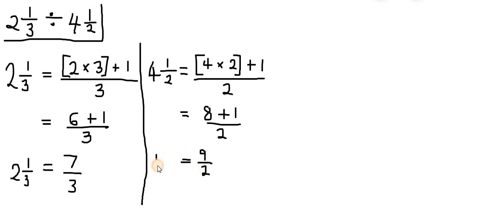Okay, so 4 1 over 2 as an improper fraction is 9 over 2.